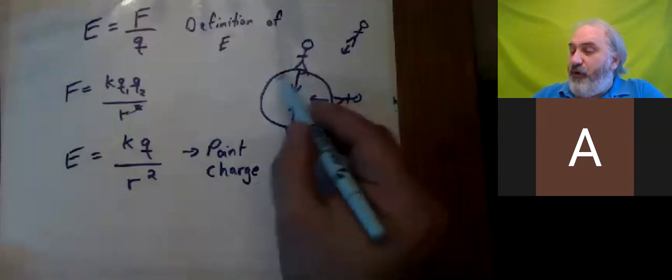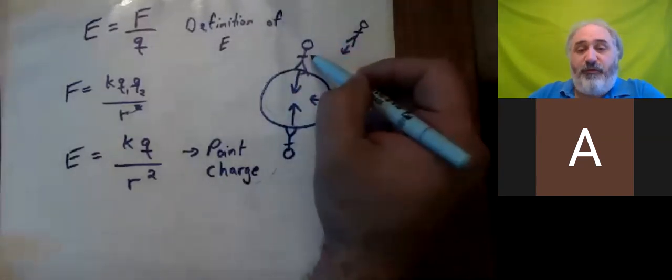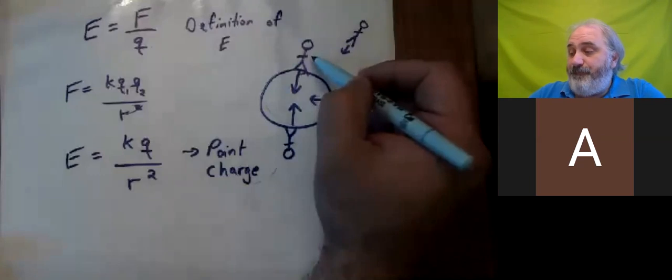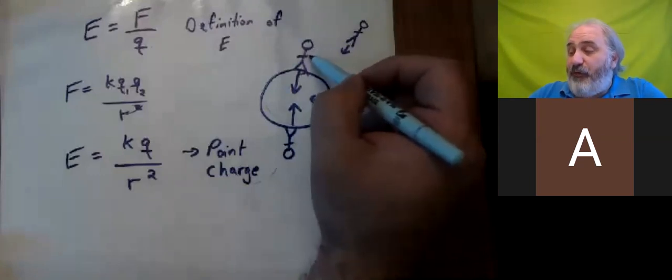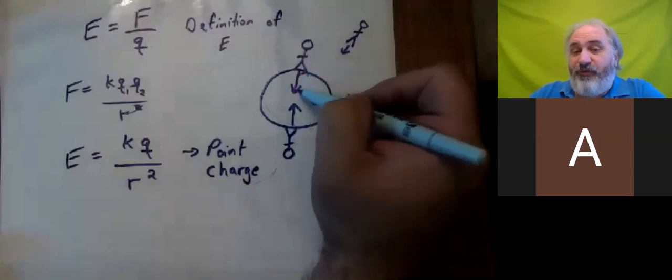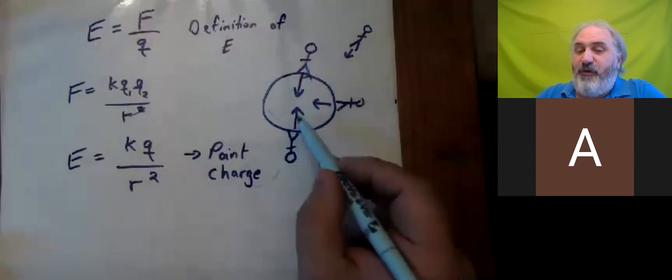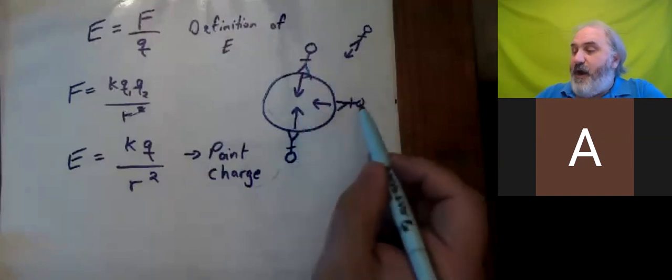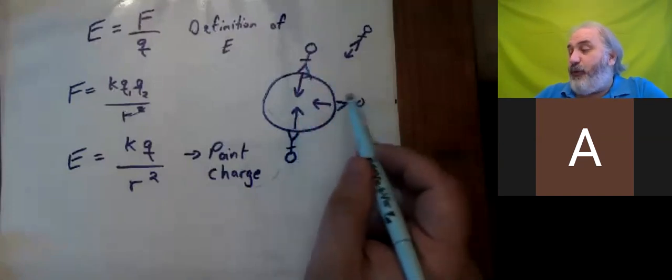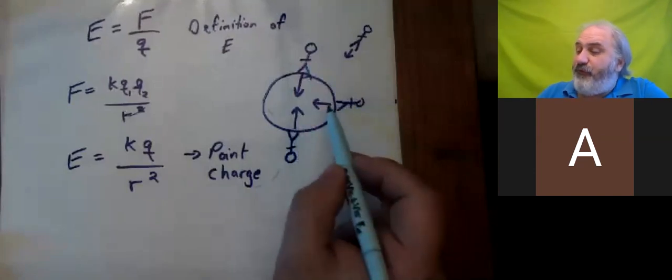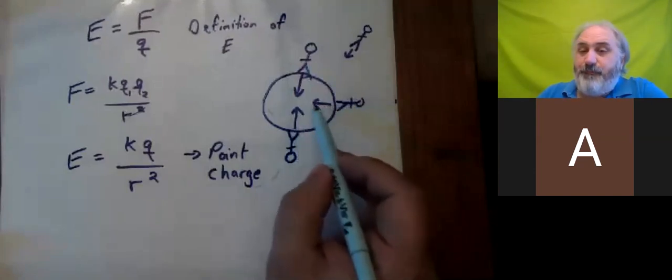If this is the Earth and this is the guy standing on the surface of the Earth, obviously not to scale, this guy feels a force of gravity pointing straight down towards the center of the Earth. But this dude over here in China, he feels a force in the exact opposite direction, right? This guy over here in, I don't know, Ecuador or whatever, he feels a force in yet another direction.